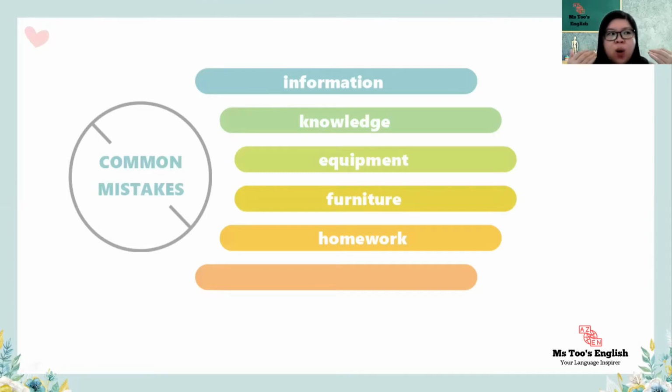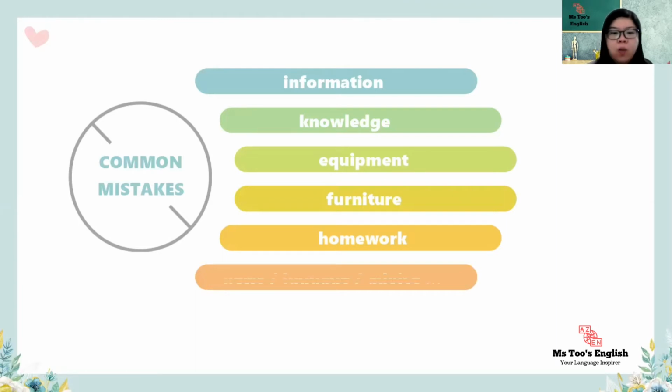In your understanding, there are so many, so you tend to say homeworks. No, that is wrong. In English, homework is uncountable. So you cannot say, I have many homeworks. Always remember this. Don't make this mistake anymore, especially if you are a student.